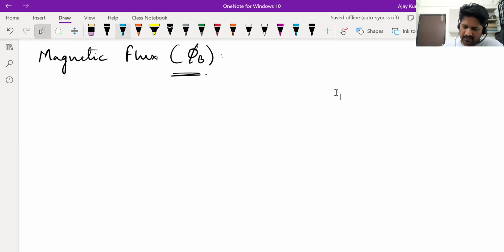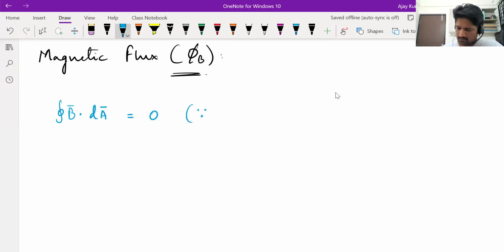Correct. And in the last chapter itself, we discussed that closed integral B dot dA, that is the total magnetic flux through a closed surface. How much will this be? What is the net magnetic flux? 0, sir. Through a closed surface? It will be 0, always. Why?